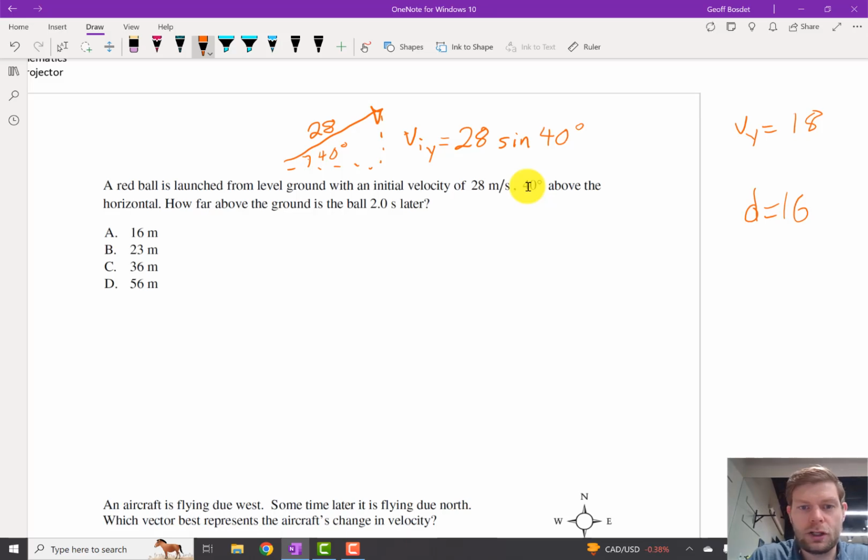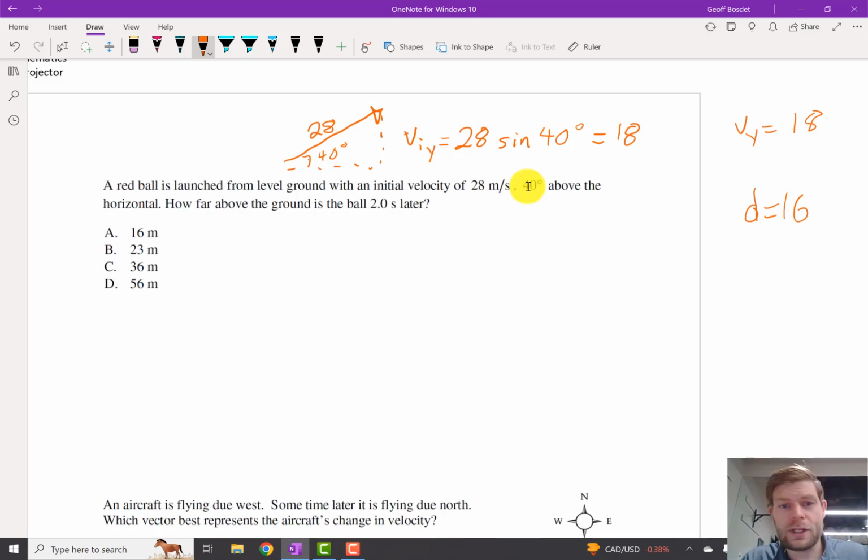Remember the whole opposite divided by hypotenuse equals sine 40. So if you rearrange that and solve for opposite, this is what you'll get. And that's just going to equal 18. So that's how fast up this ball was initially going.